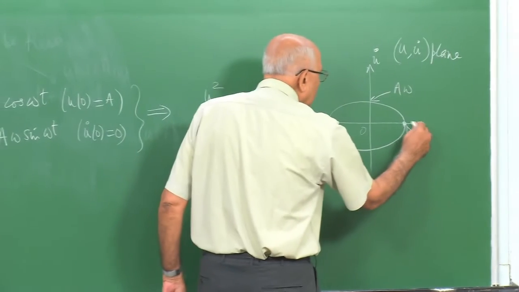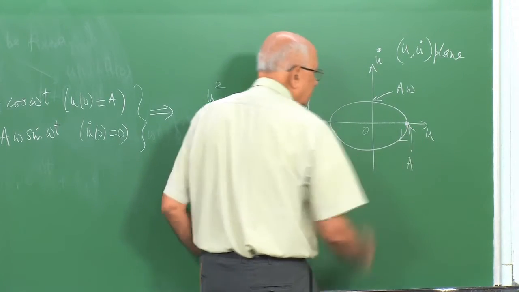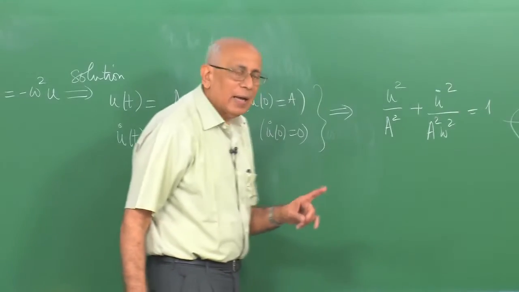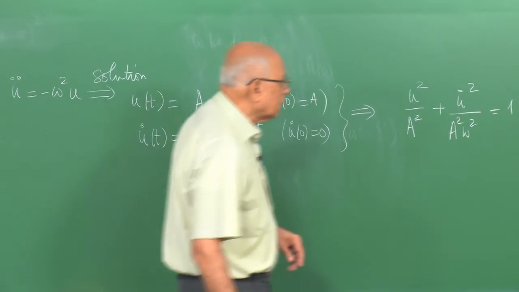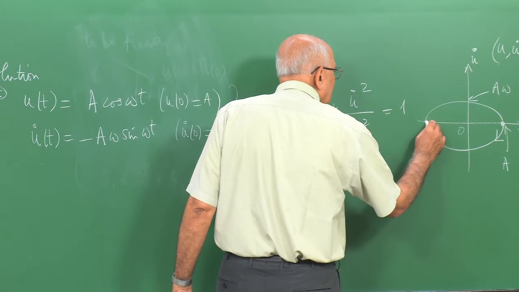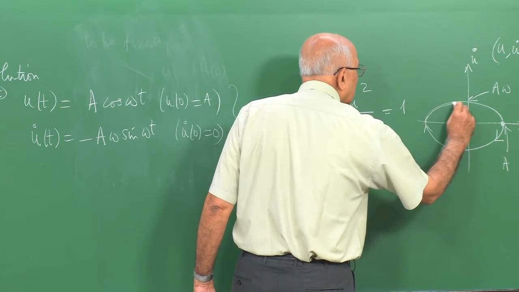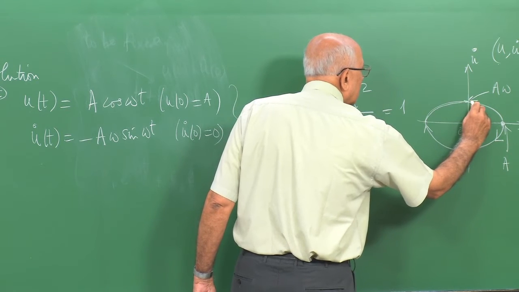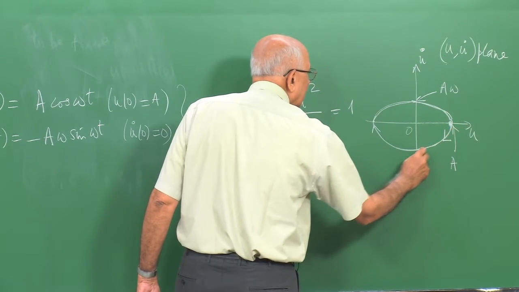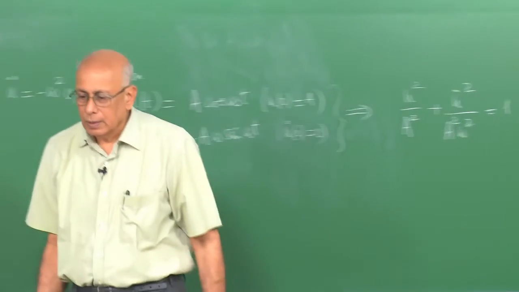You are here and u decreases, it comes back here, but u dot is negative, so it goes here. So the direction of the arrow is fixed by the simple physical consideration. When it reaches the leftmost extreme, it is like this at this point, and then u dot becomes positive, it starts going back towards the origin, goes through the origin here in u and goes back and retraces this path over and over again. Okay.